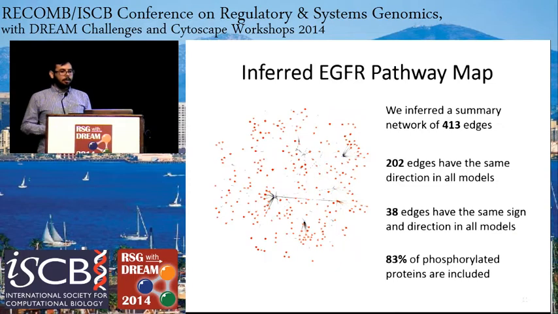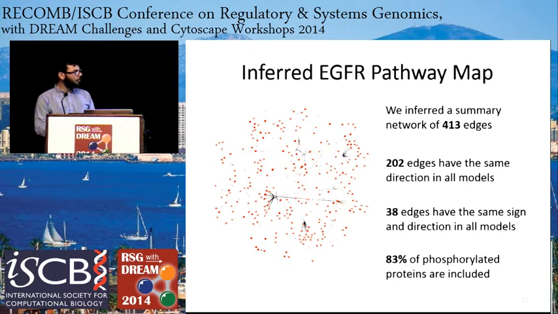So our result was a summary network that had around 400 edges, and we were able to assign a single direction to around half of these edges across all models that we considered with the constraints that we had. So if we had a direction, it did not appear in the reverse direction in any of the models in the space.